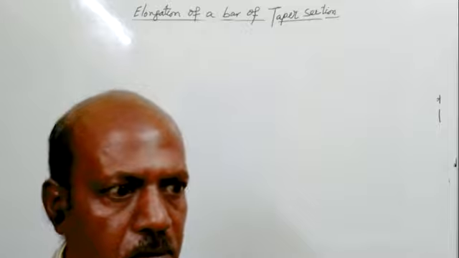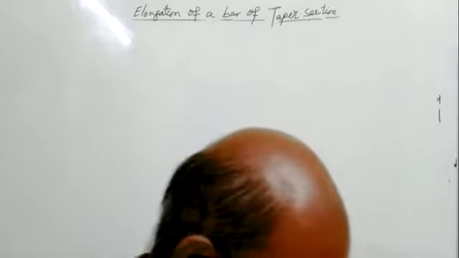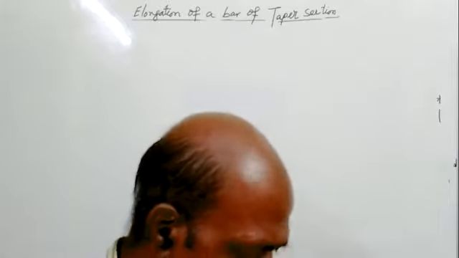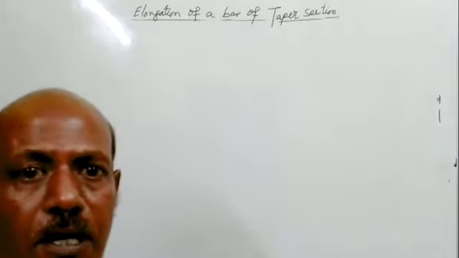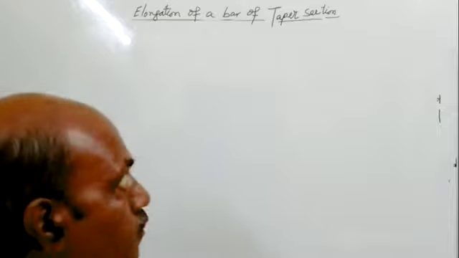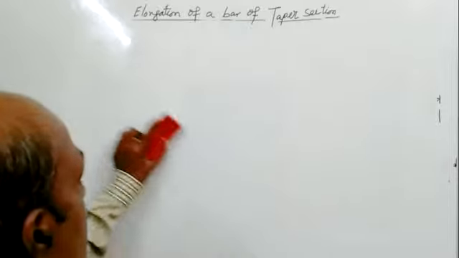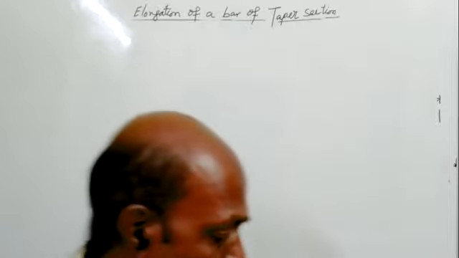Hello friends. So today we will see one of the important topics, that is deformation of taper bar. We have already seen the deformation of a bar, but today we will see the deformation produced in a taper bar.